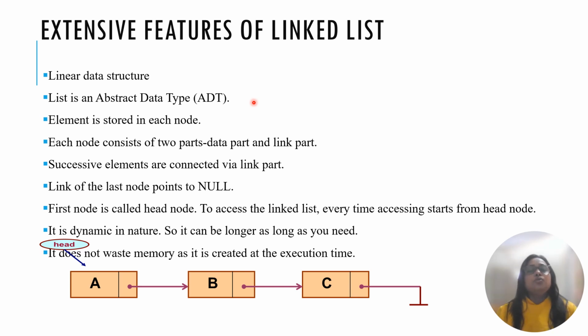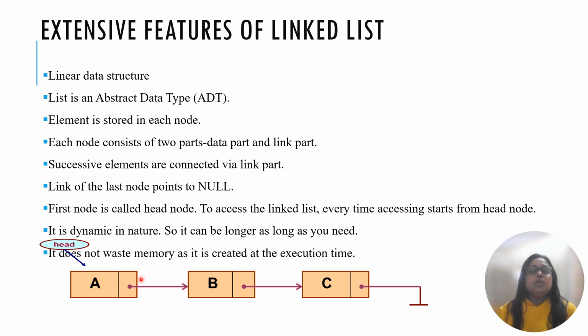So that's why this is an abstract data type. Means we can define insertion, deletion, or any other operations in our own way. Element is stored in each node. Here, as I told you, every structure is called a node, and each node has two parts: data part and link part.